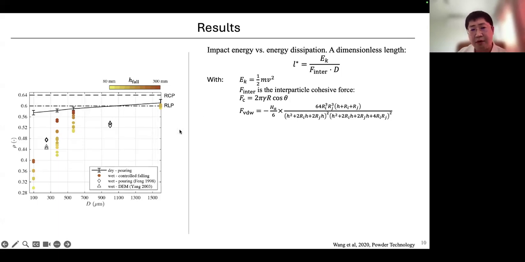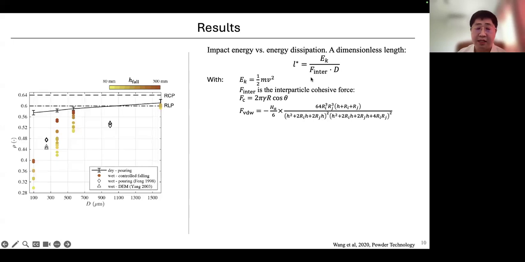So then we can formulate the impact from an energy perspective. We can form a dimensionless length based on the impact energy and energy dissipation. The impact energy we can estimate as the kinetic energy upon impact, which is directly converted from the gravitational potential energy, incorporating this H. For the energy dissipation, we have the interparticle force.